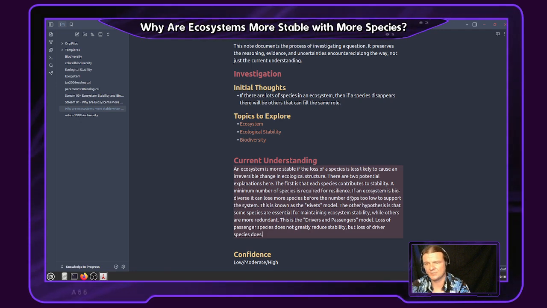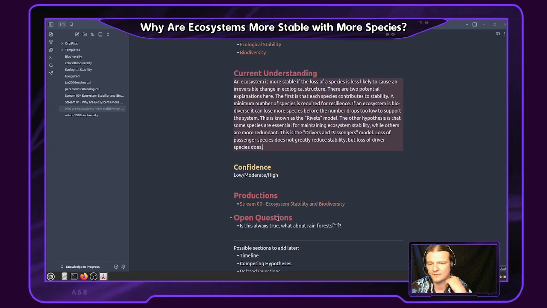This is also a potential explanation, I'm thinking, for the rainforest situation, right? I don't know if it's the case for rainforests, and it's worth looking into. But what if some ecosystems just have a higher number of drivers, right? Maybe there's an ecosystem that needs a lot of drivers in order to stay stable.